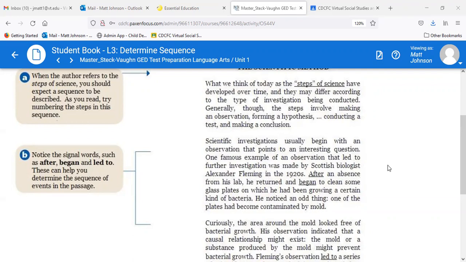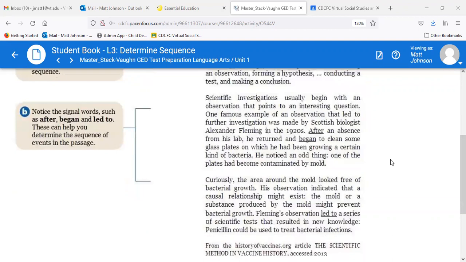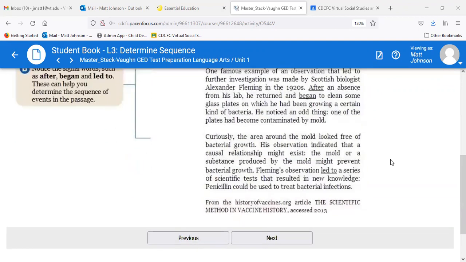He noticed an odd thing. One of the plates had become contaminated by mold. Curiously, the area around the mold looked free of bacterial growth. His observation indicated that a causal relationship might exist. The mold, or a substance produced by the mold, might prevent bacterial growth. Fleming's observation led to a series of scientific tests that resulted in new knowledge. Penicillin could be used to treat bacterial infections.